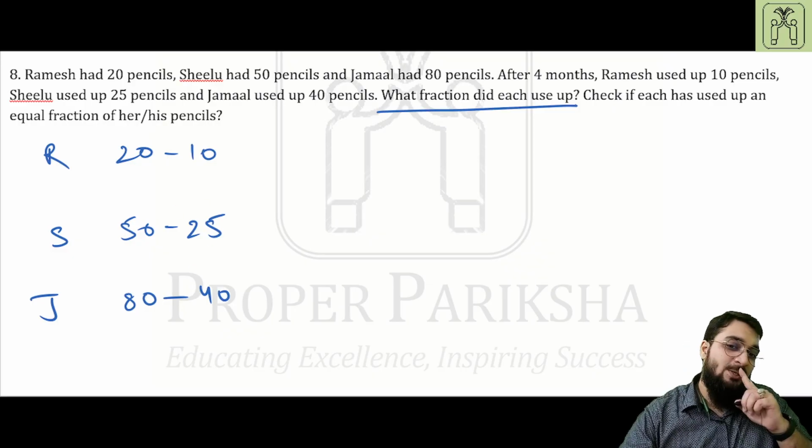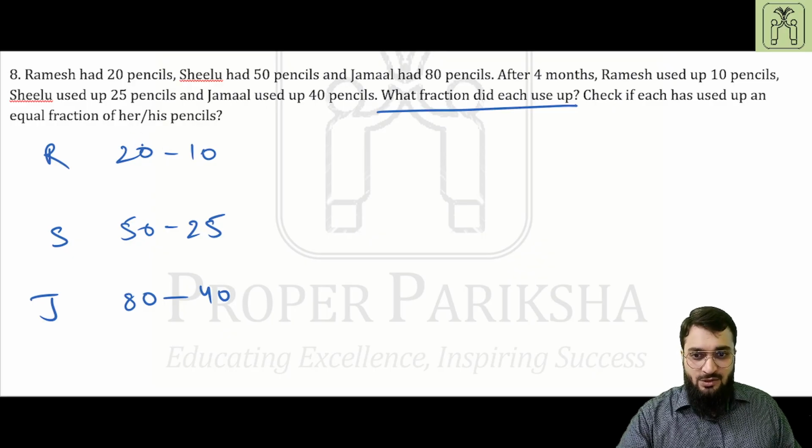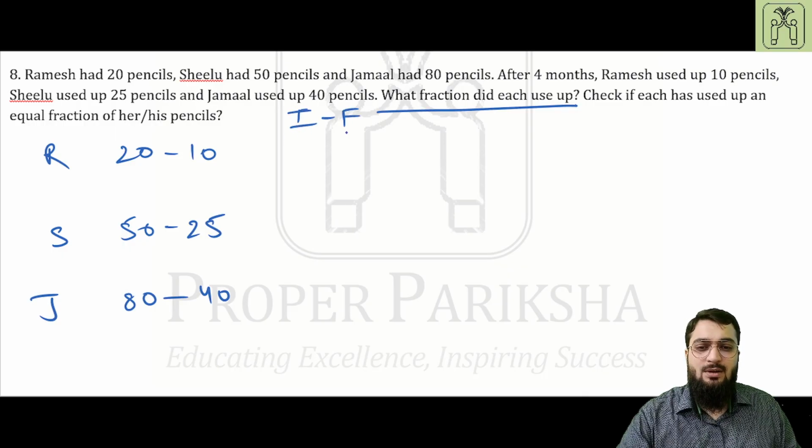Now for the question of what fraction did each use up, you just need to follow this formula: final minus initial or initial minus final, whatever you want, and then divide by the initial.